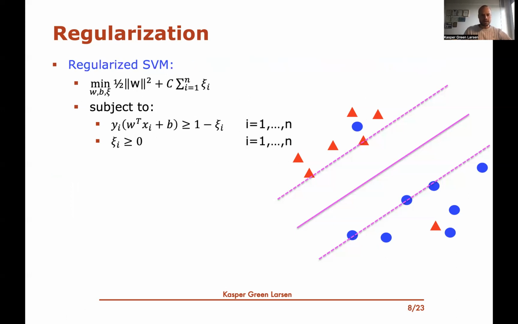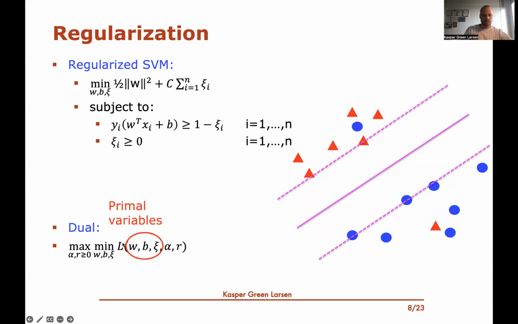So back to this regularized support vector machine formulation. What we'll do now is see what changes in the stuff that we did in the previous video if you try to write up the dual when we also have these psi variables. For the dual, we first write down the generalized Lagrangian, the function L that we called it before. It depends on all the primal variables, the variables that go into the original optimization problem, W, B, and psi, as these are vectors of variables.